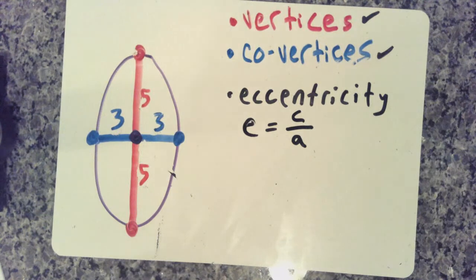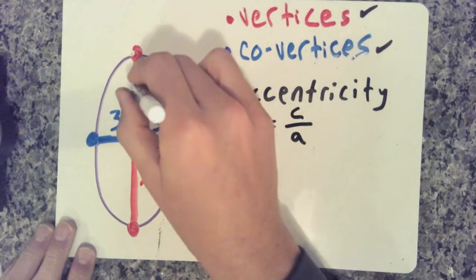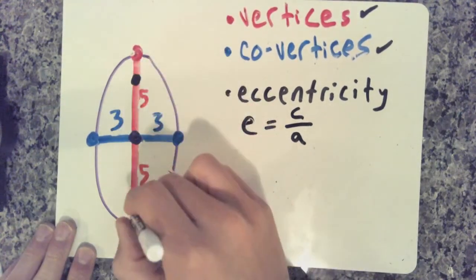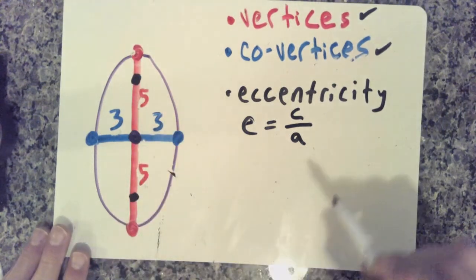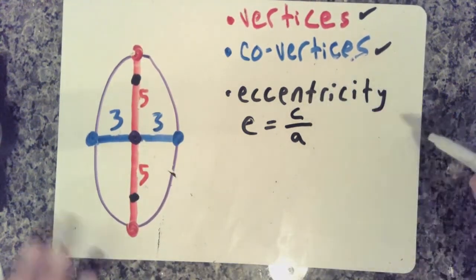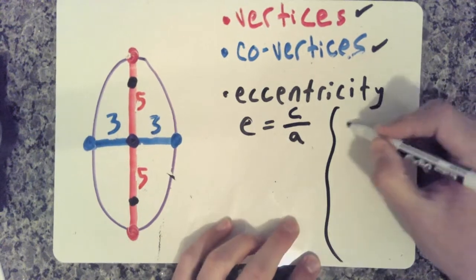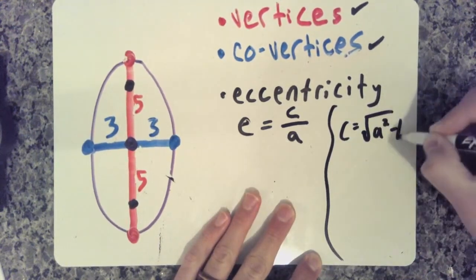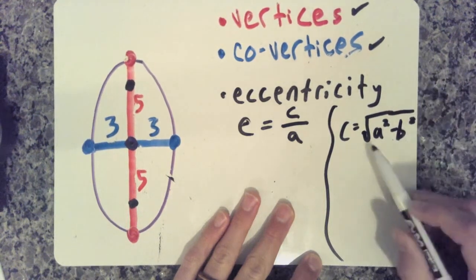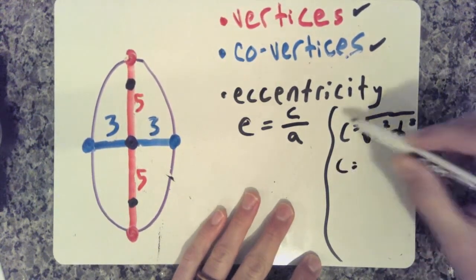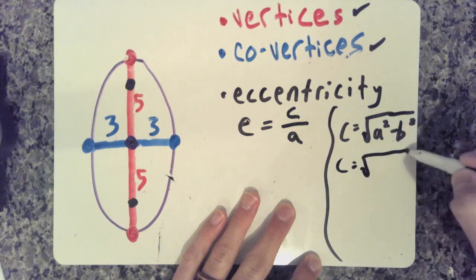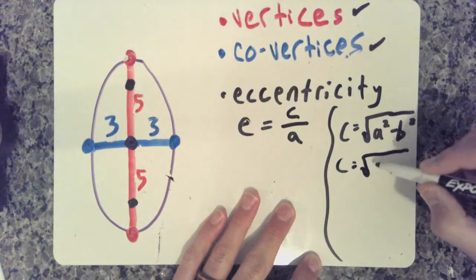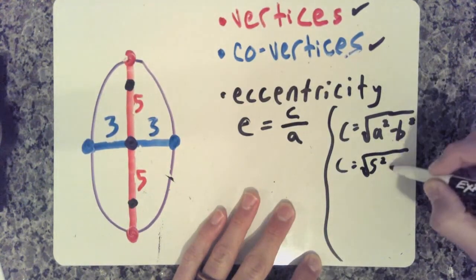Now remember, the C value is this distance: you have a focus here and a focus here. We've talked about how to find that C value. As a quick reminder, C is equal to the square root of A squared minus B squared. In this particular one, let's quickly find our C. We've got A squared, that's 5 squared, minus 3 squared.